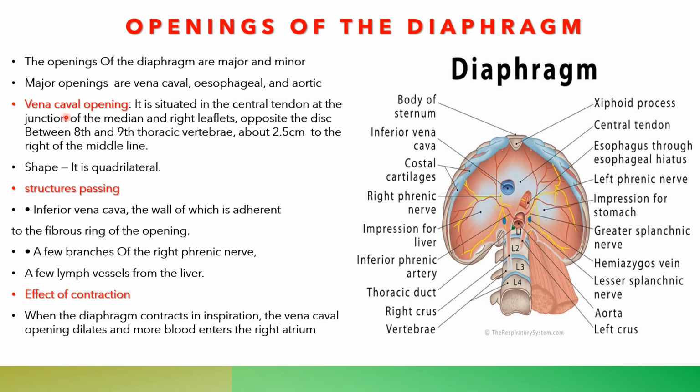Now let us discuss the vena cava opening. It is situated in the central tendon, at the junction of the median and right leaflets of the central tendon of the diaphragm, opposite the disc between the 8th and 9th thoracic vertebrae, about 2.5 centimeters right of the median plane.